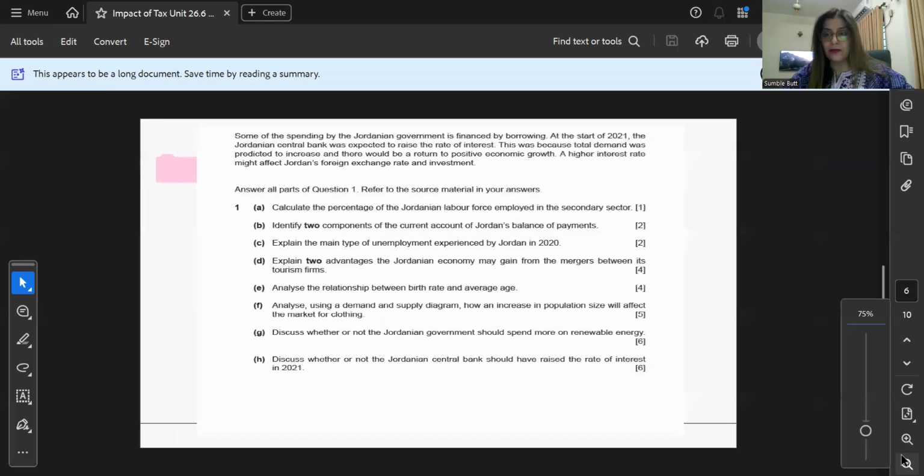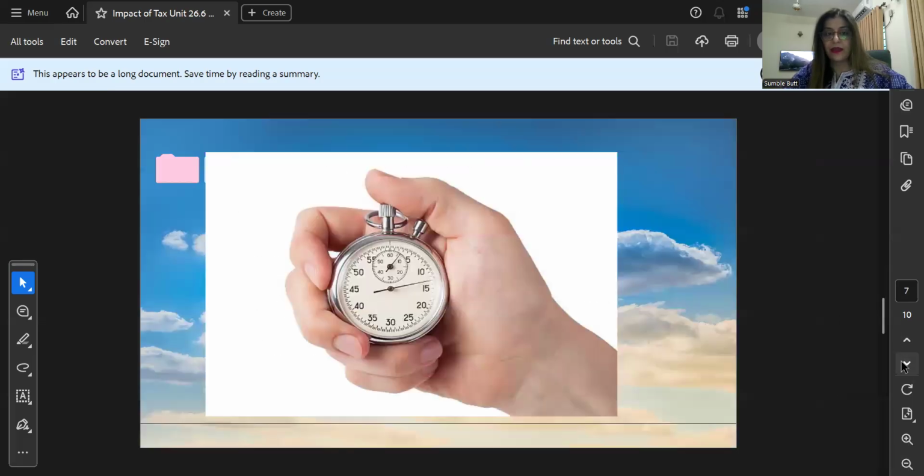When you are attempting this question or similar questions in the exams, what you have to keep in mind is that you time yourself appropriately and do not spend more than 45 minutes on the first question. Even if you feel that you have some additional points or elements that could build on to the argument, the exam paper is not the time to do that. You have to keep the marking scheme in mind.